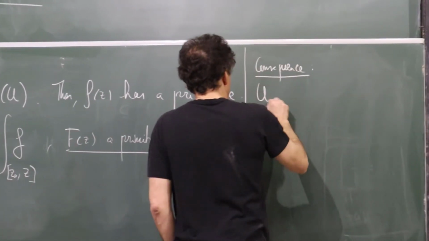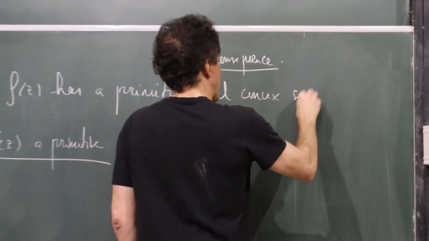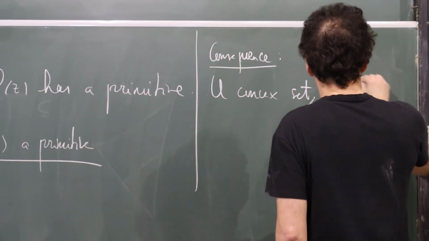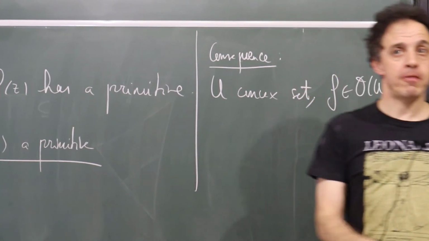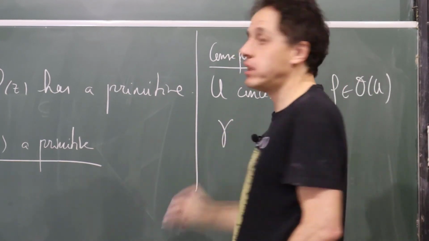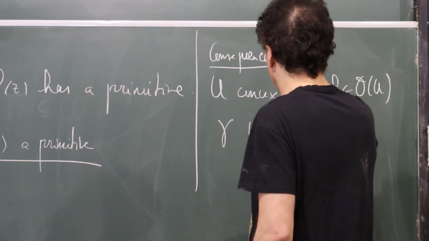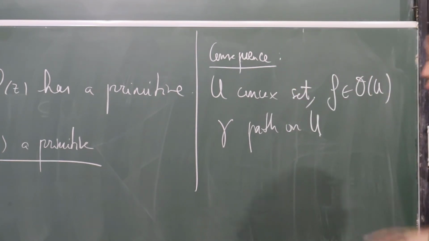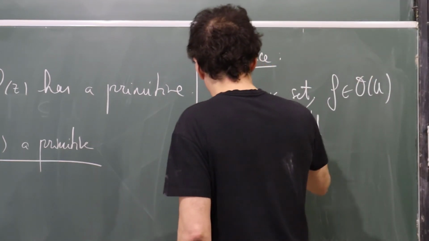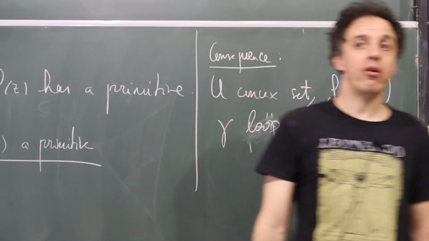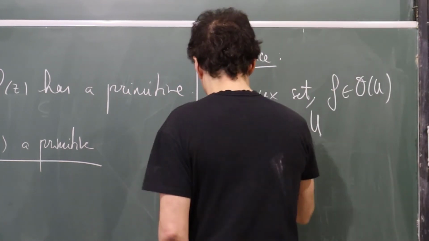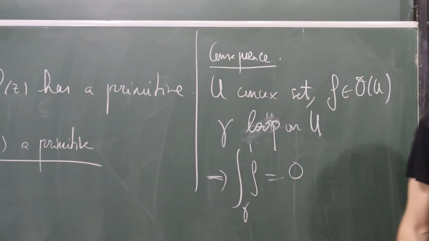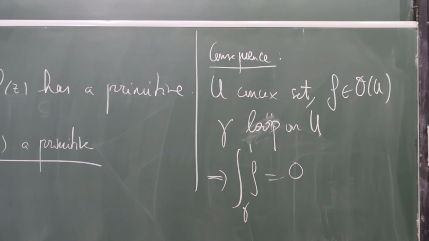Assume U a convex set, for instance, and f a holomorphic function over U. Assume gamma is a closed path, a loop, on U. Then the integral is 0. It's always 0 along any closed path.